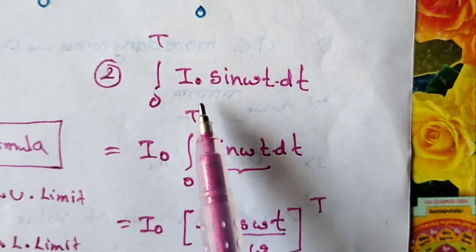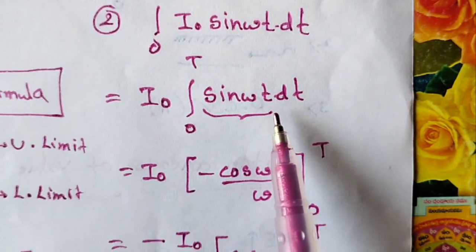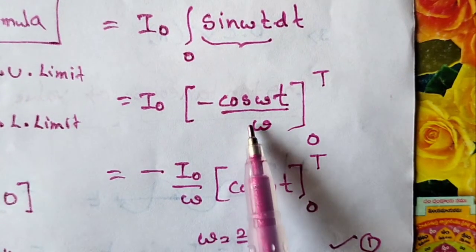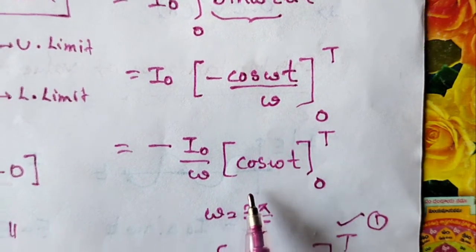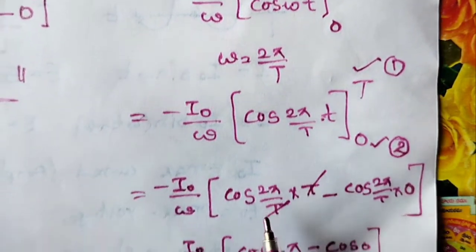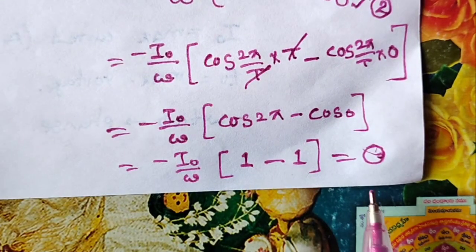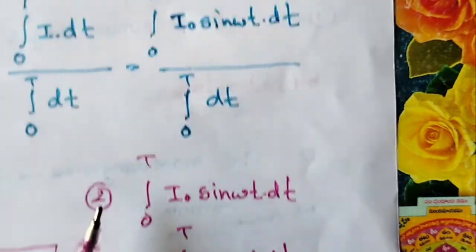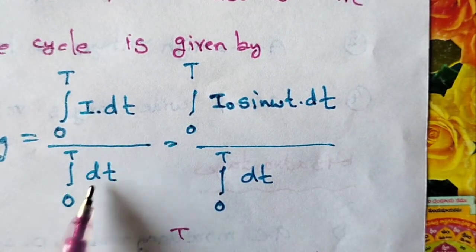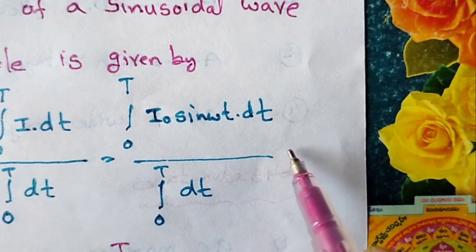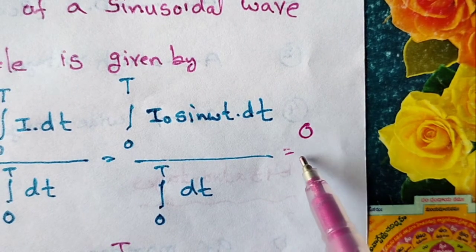And the second integration, 0 to T I naught sin omega t. Here I am taking the integration, with the formula minus cos omega t by omega, and then the substitution. Finally you get 0. So in the I average formula, this is a 0 value and this is a T value.